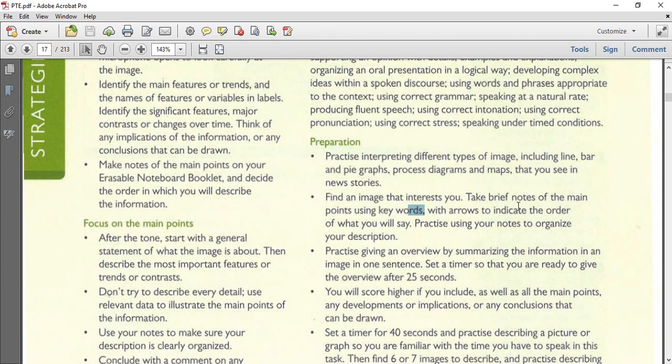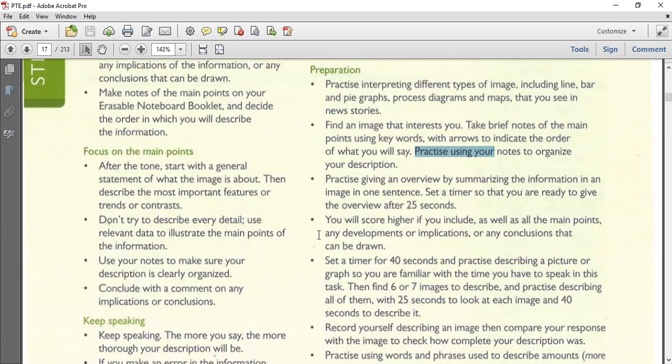Use arrows to indicate the order that you are going to say, and practice using your notes to organize your description. So we can also practice giving an overview, summarizing the information in an image in a sentence, and set a timer so that you are ready to give the overview after 25 seconds of seeing the image.